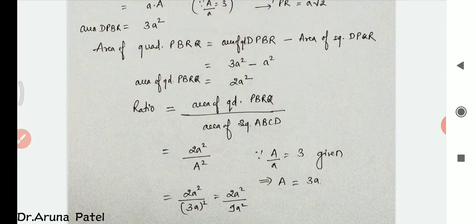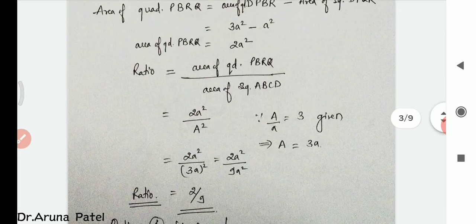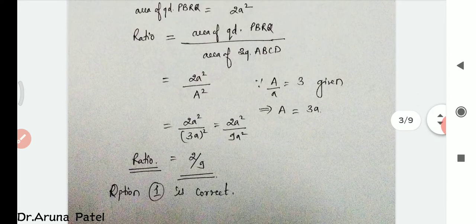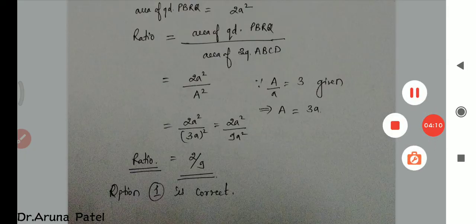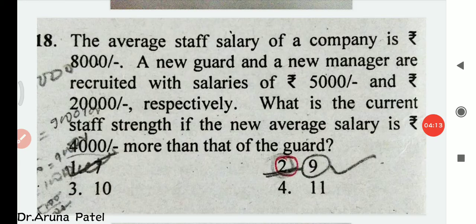On simplification a square is cancelled out and you get the ratio 2 by 9, which is given in option number 1. So this one is the correct answer for this question.